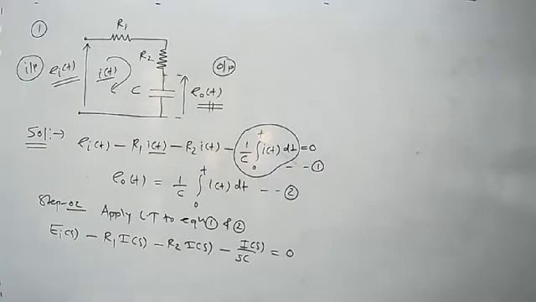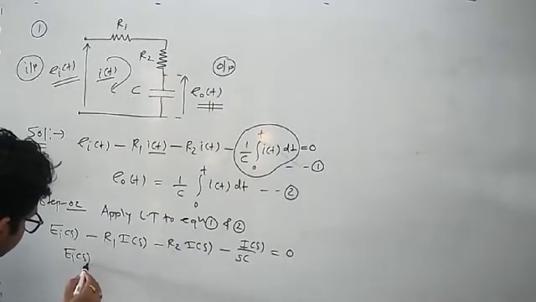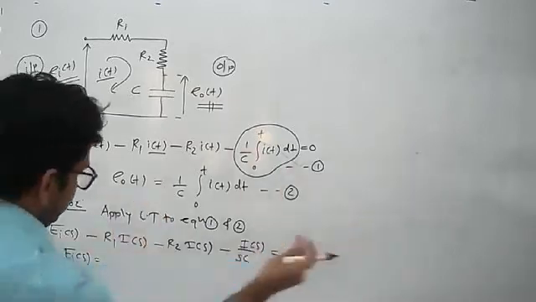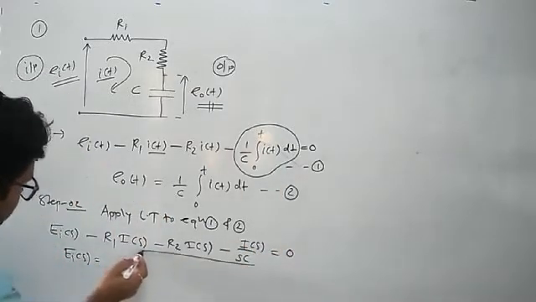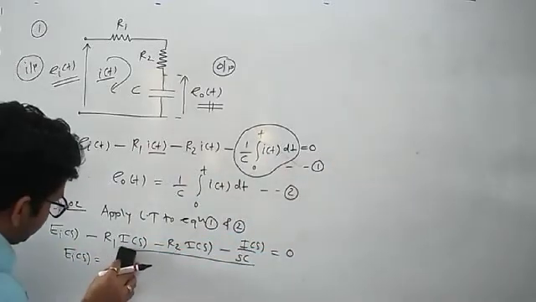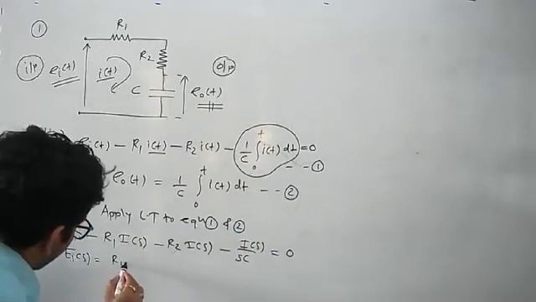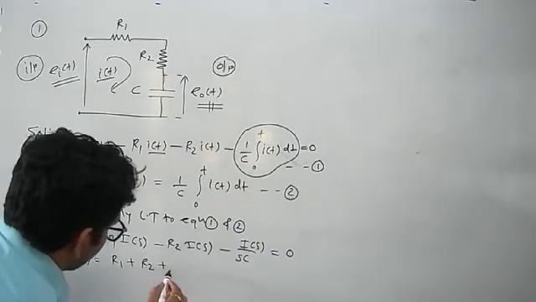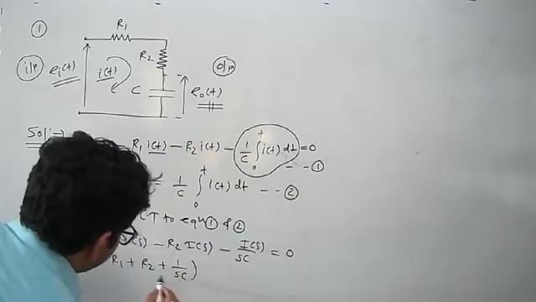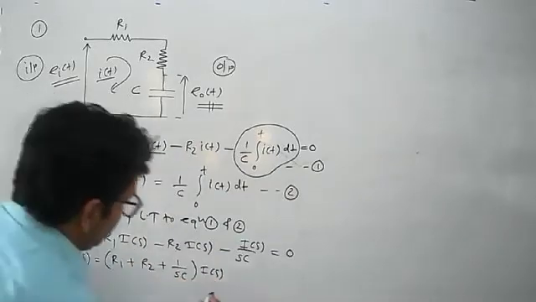Now if you rearrange this, I can write capital Ei of s is nothing but, if you shift this entire term to the RHS and take I of s common, I can write this equation like this: R1 plus R2 plus 1 upon sC whole multiplied by I of s.